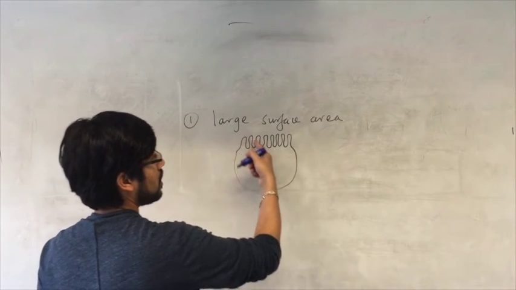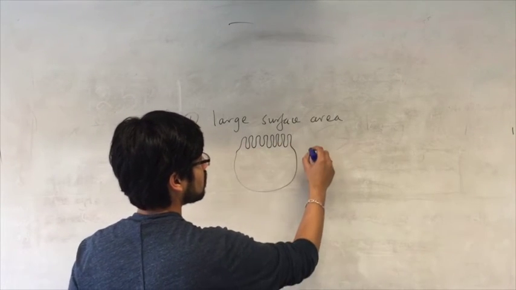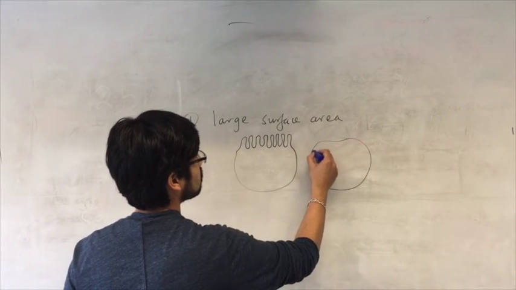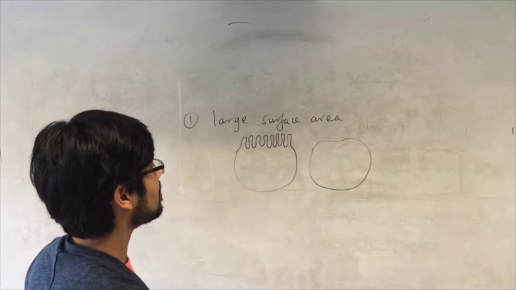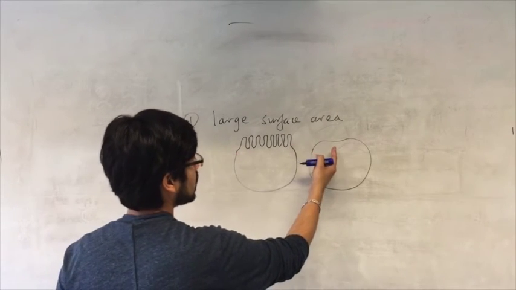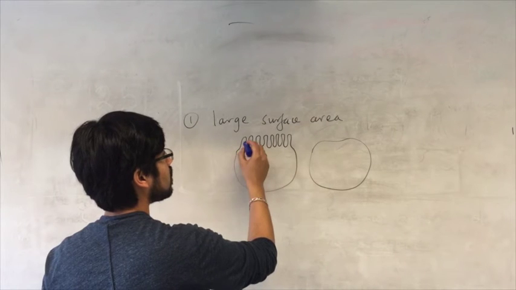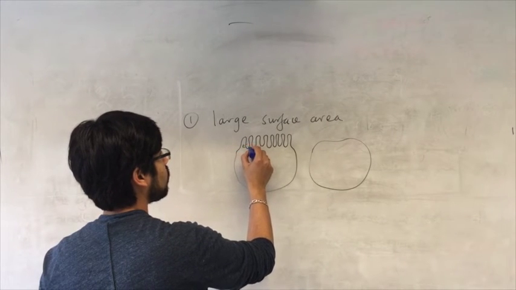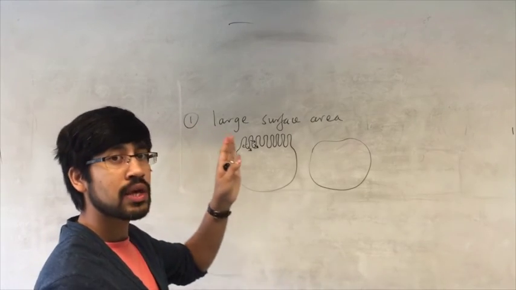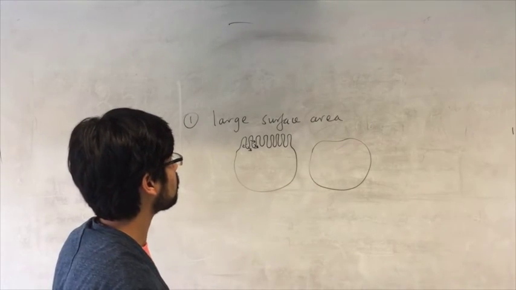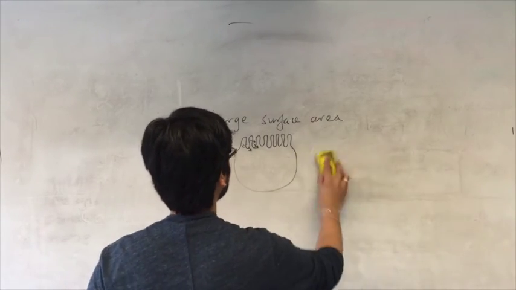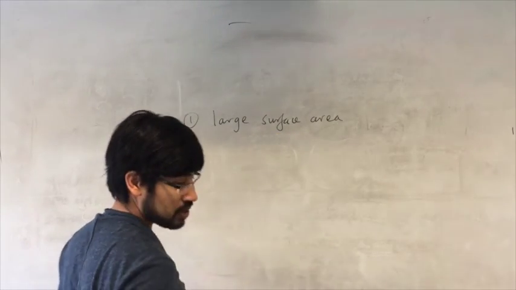So that cell has a much greater surface area compared to an equivalently sized cell. There's much more membrane here than there, much greater surface area. So this cell is well adapted to carry out any kind of exchange because it's got more surface over which to do that. Yeah, so most exchange systems have a large surface area.